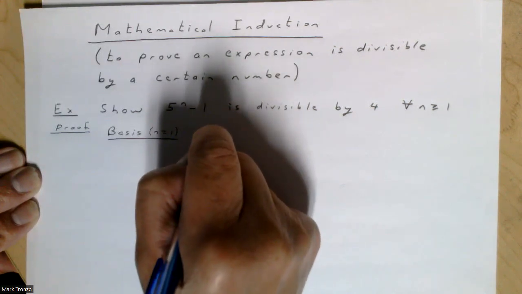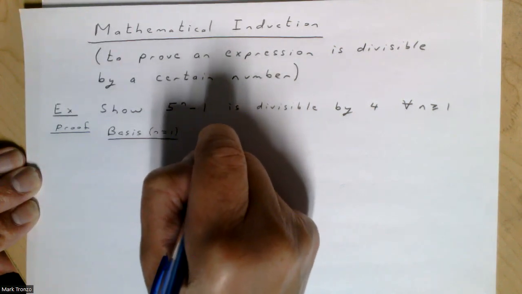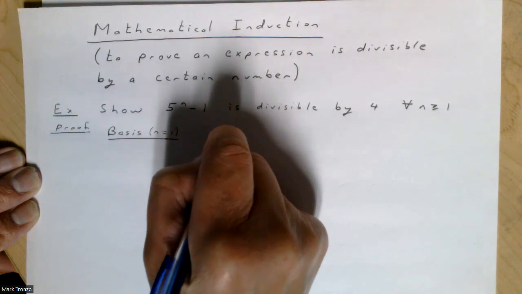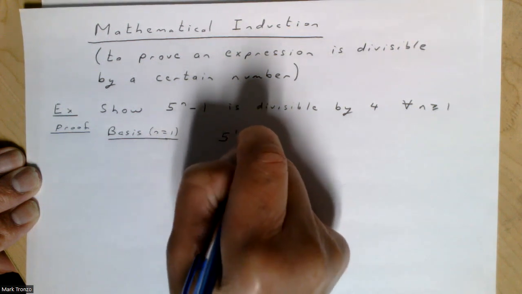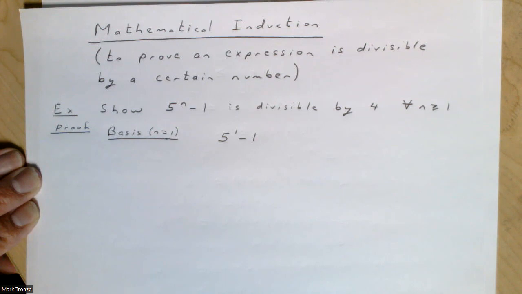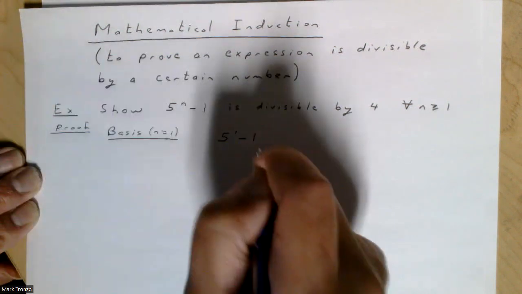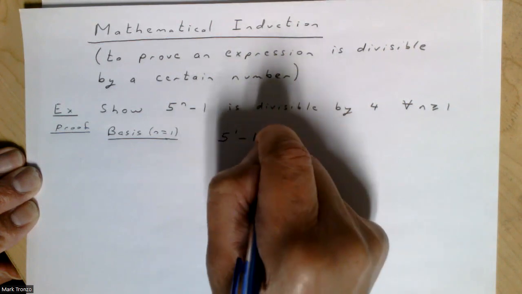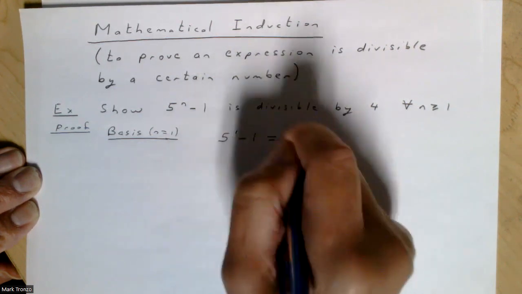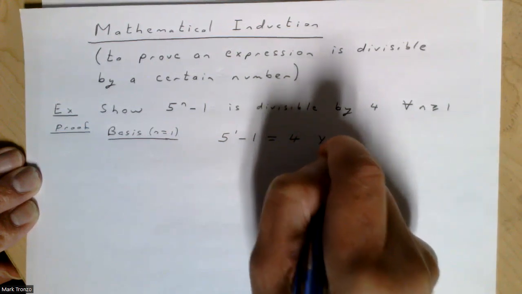And so the question is, is this divisible by 4? That's going to be 5 minus 1, which is 4. Yes.